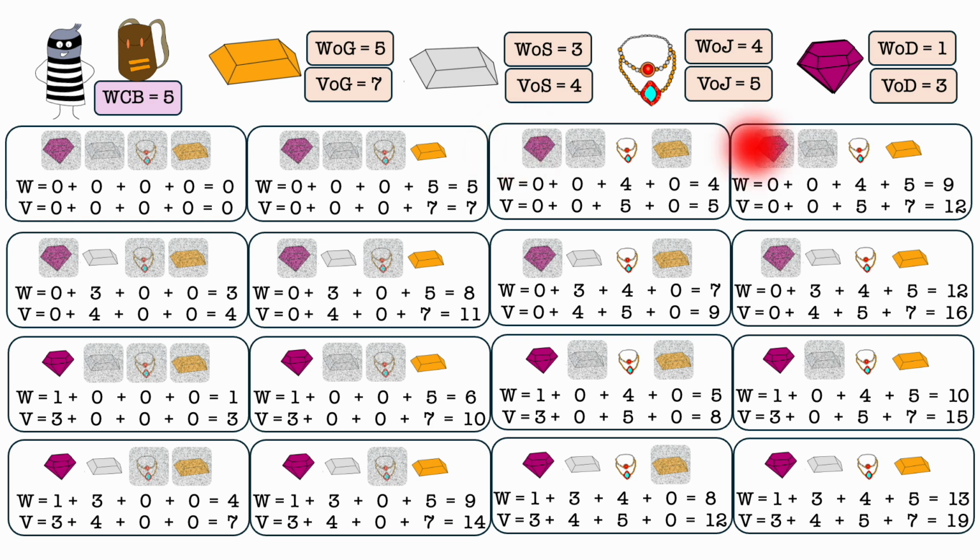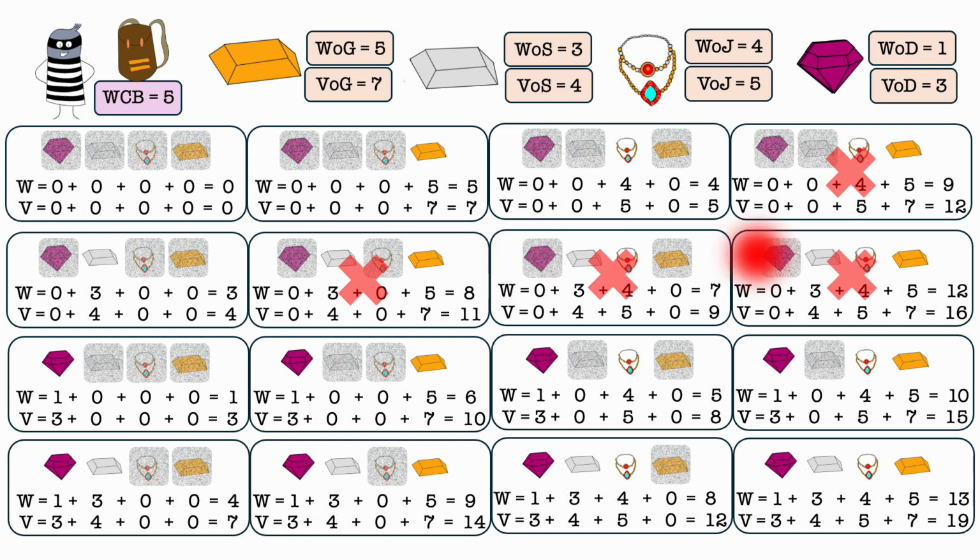Next one is not a feasible solution. The sum of the weights of the items kept in the backpack is 9, which is greater than the weight capacity of the backpack. Similarly, we observe the remaining solutions. This one is a feasible solution. This one is a non-feasible solution. This one is also a non-feasible solution.